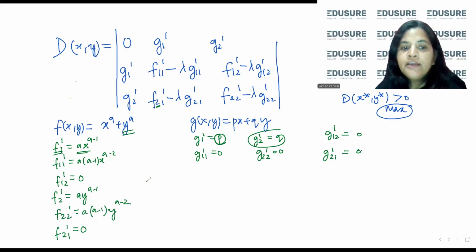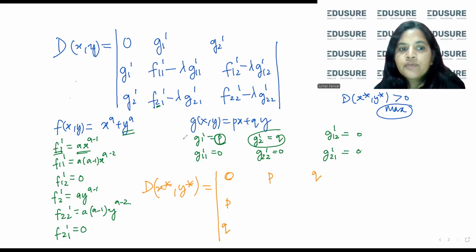This determinant D at x star, y star: 0, p, q; p, f11 which is a(a-1) x^(a-2), 0; q, 0, f22. The g11 is 0, and the cross terms are both 0.